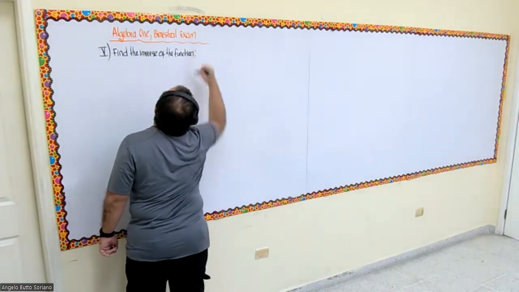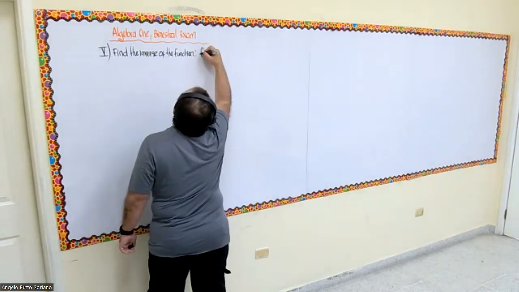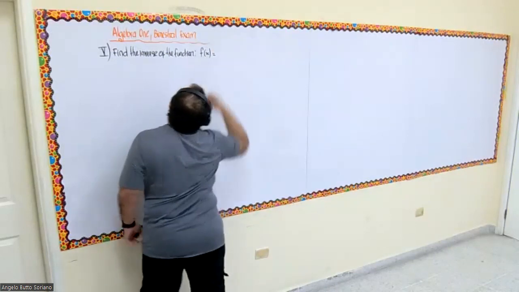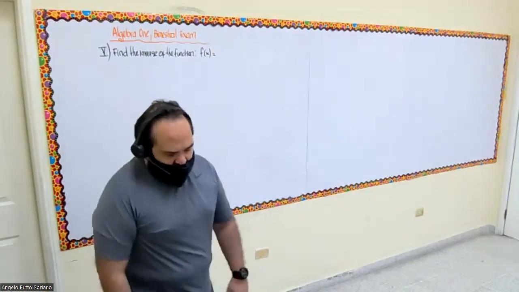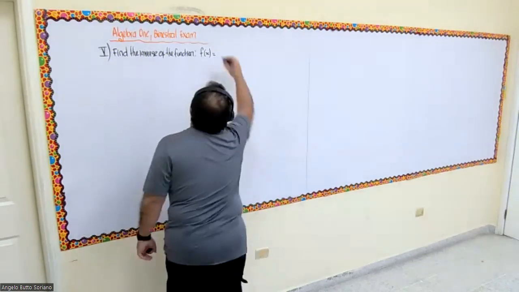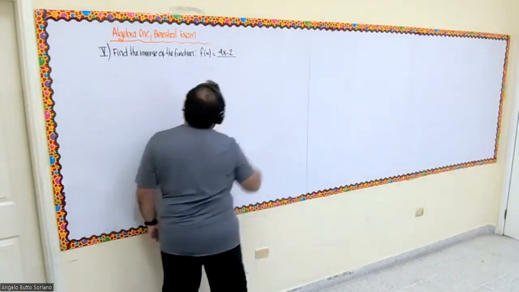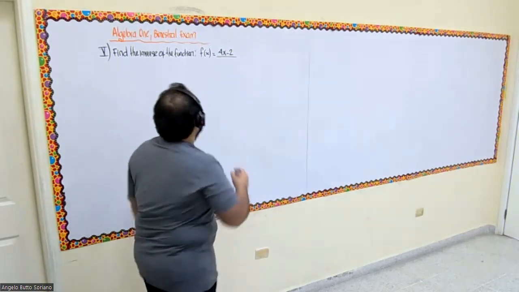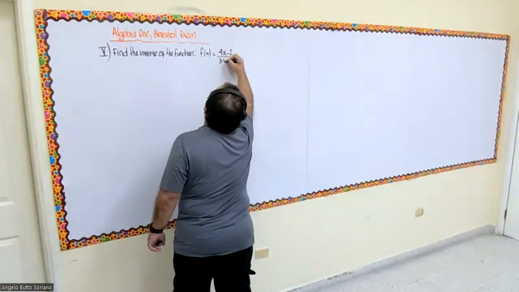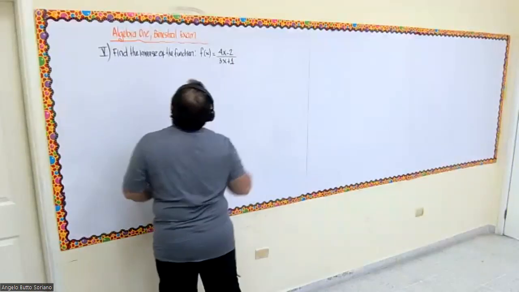What function are we talking about? f(x) equals (4x minus 2) over (3x plus 1).